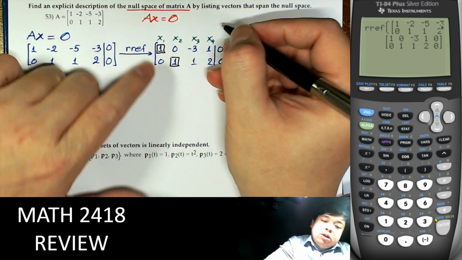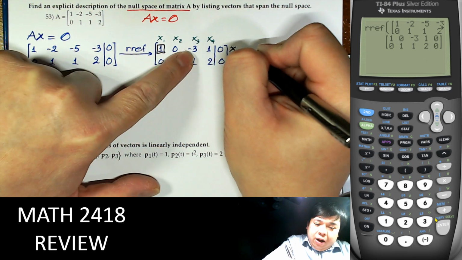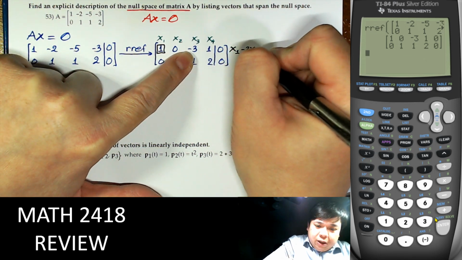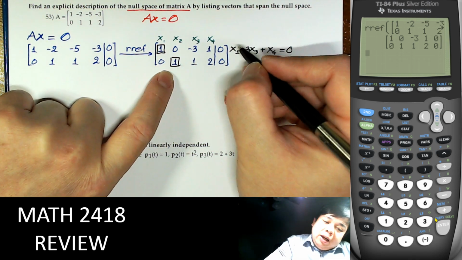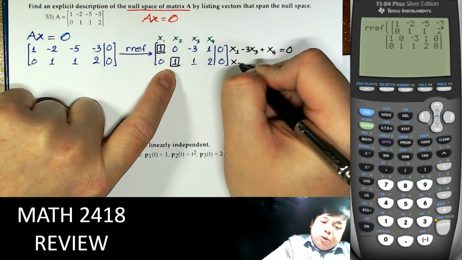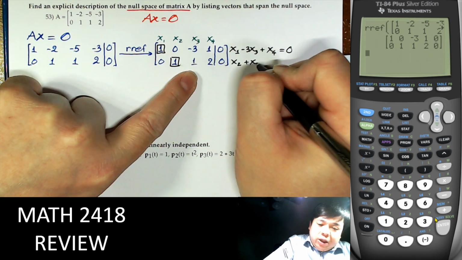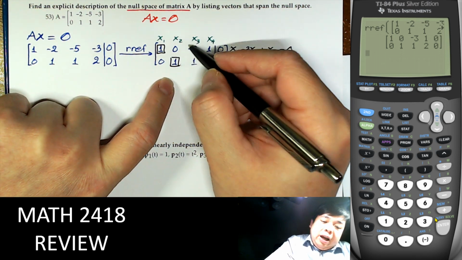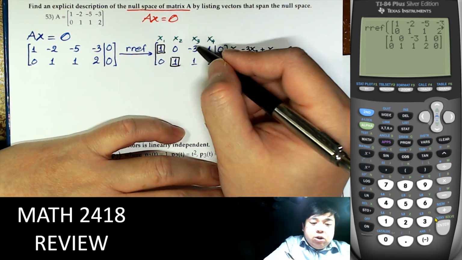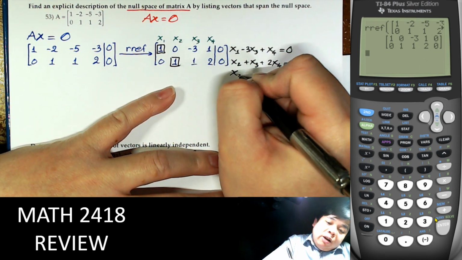So we write out x1 minus 3x3 plus x4 equal to 0. And on the second, we say x2 plus x3 plus 2x4 equal to 0. And x3 and x4 have no pivot, so we say they are free.